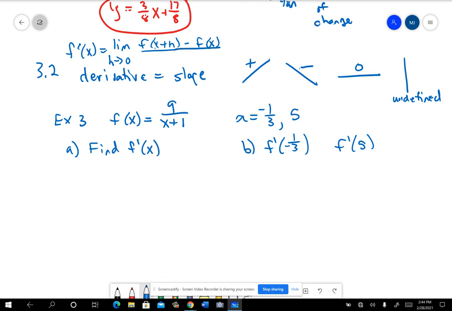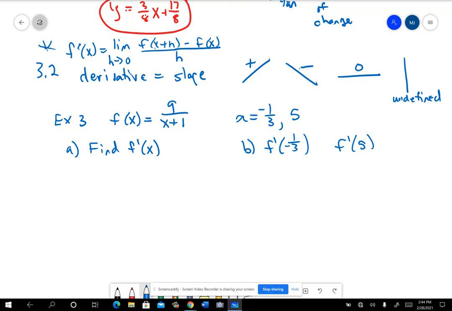F of x plus h minus f of x all over h. And so what happens as we simplify that is we get a formula representing the slope of the tangent line anywhere on a curve. And then if we want to know the specific slope at a particular value, then we just plug it in after the fact. So that's the biggest difference. Okay, so that's the definition there.